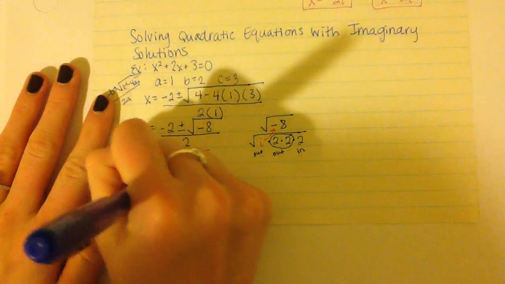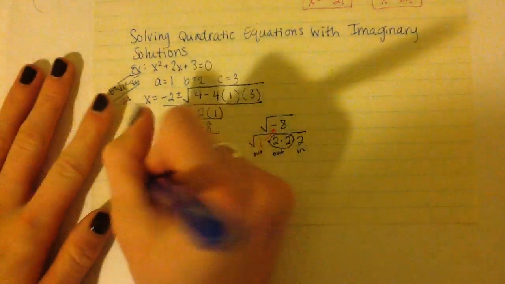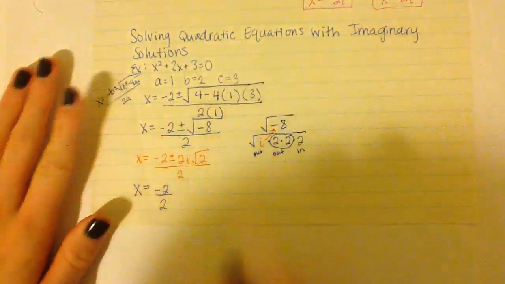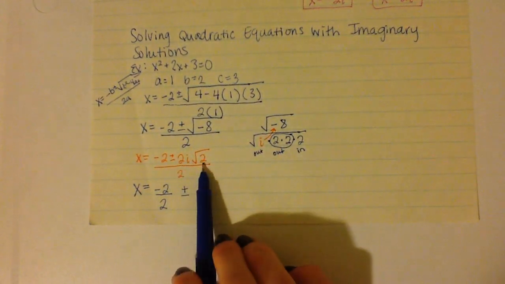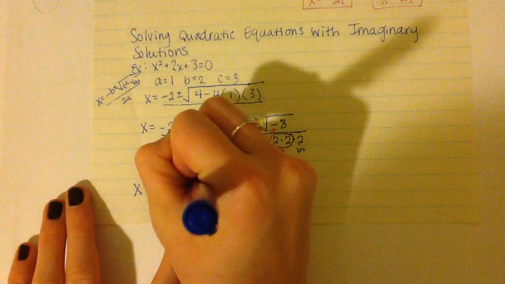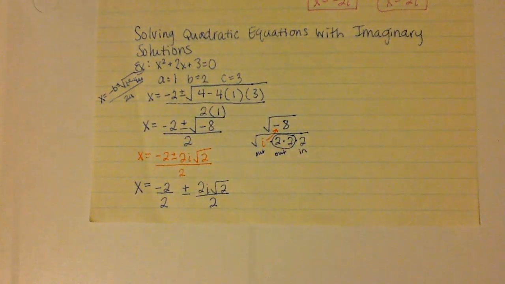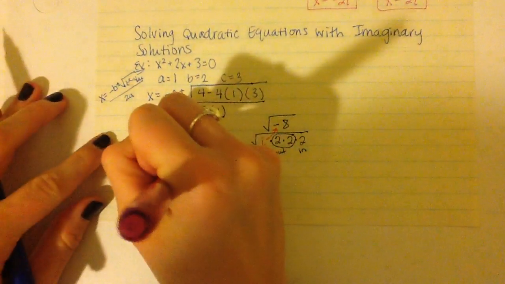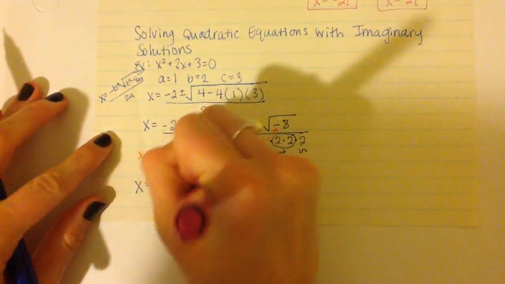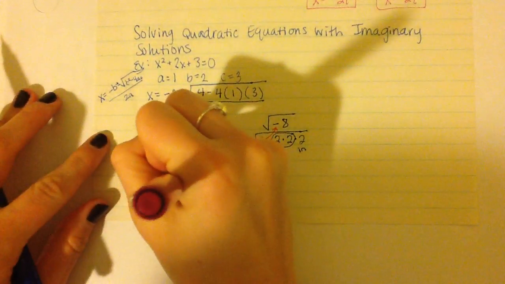So we have x equals negative 2 over 2 plus or minus, and we're left with 2i radical 2 over 2. Well, we see that we can simplify. We can divide these 2 and these 2, all divided by 2.